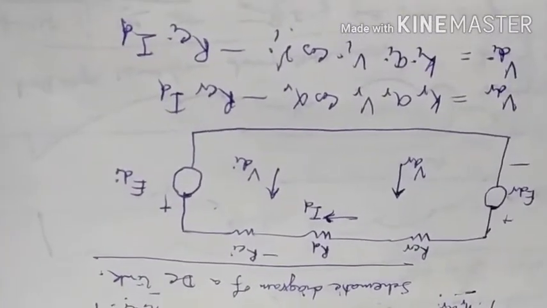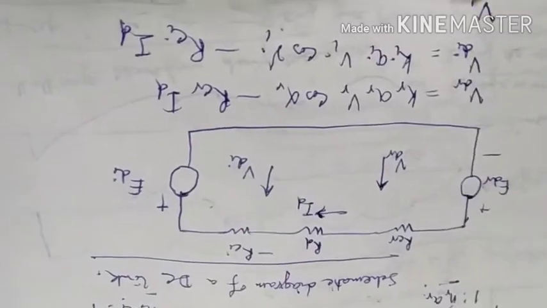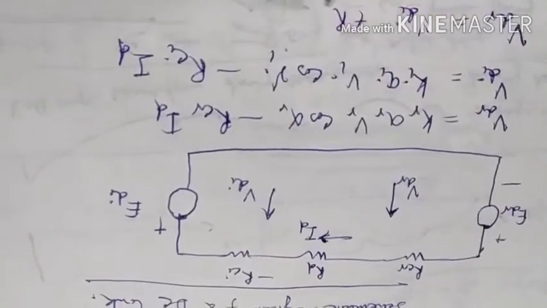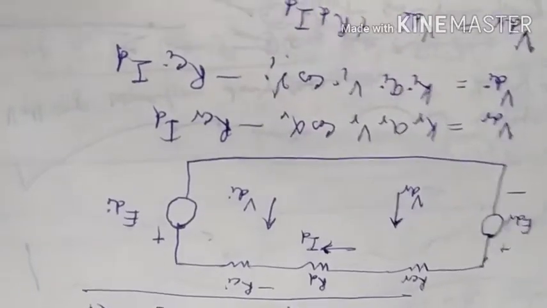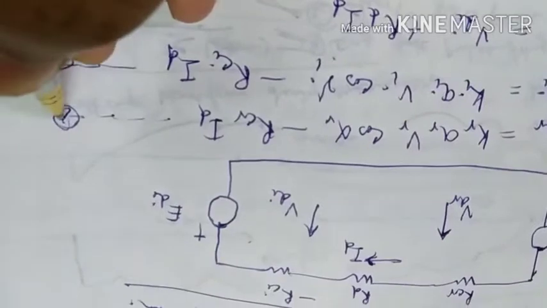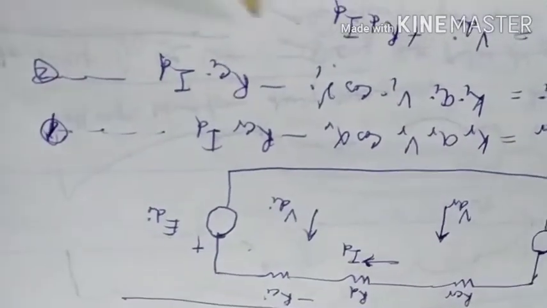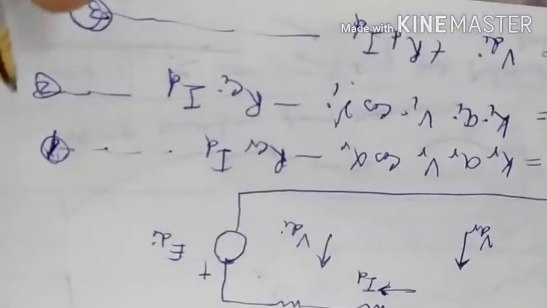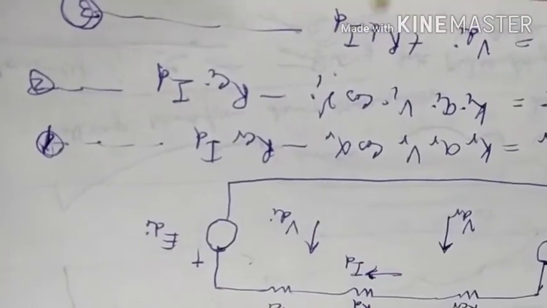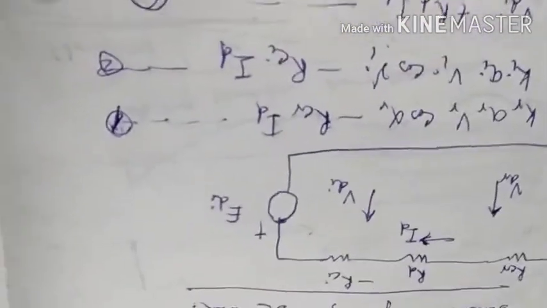And another equation, VDR equal to VDI plus RD into ID. So these are the three equations, 1, 2 and 3.